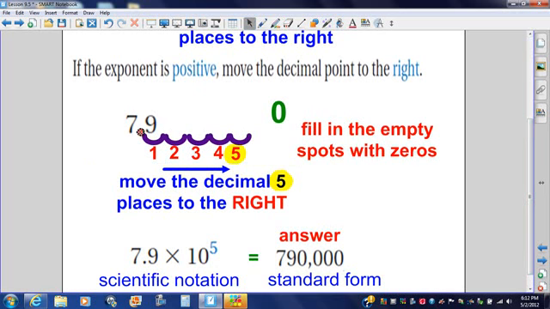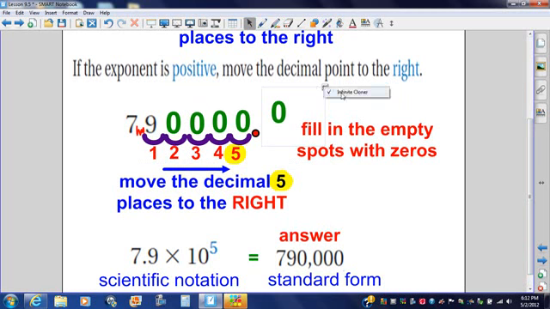Visual people, 1, 2, 3, 4, 5. Decimal goes here. I can scribble this one out. Just like I did before, I'm going to fill in the empty spots with zeros. You cannot put a 0 here because the 9 is already in that spot.